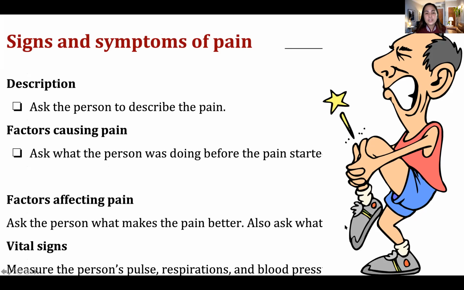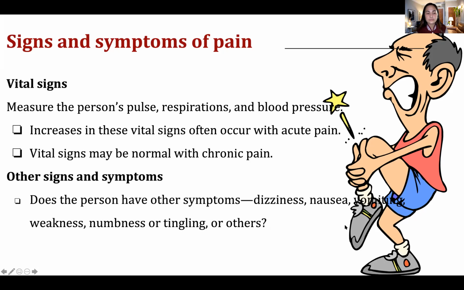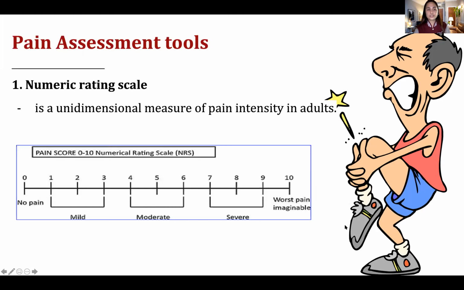Factors causing pain, what the patient did before the pain occurred. Then factors affecting pain, we have vital signs and other symptoms. Okay, some patients, if they have pain, they will have other symptoms like dizziness, nausea, vomiting, weakness, numbness or tingling, or others.